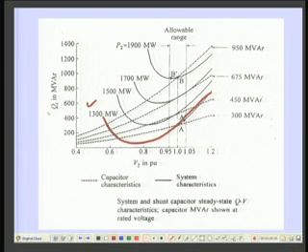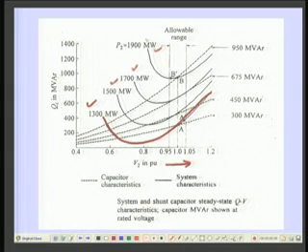On this axis we are marking the reactive power injected, and on this axis we are marking the voltage magnitude V2, that is the magnitude of the voltage V2 at the load point. As we have seen, the graph has the same pattern as we have seen for a multi-machine system. Similarly, you can plot curves for different loading conditions 1500, 1700, 1900.